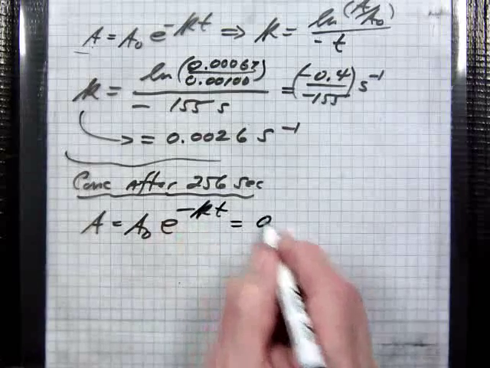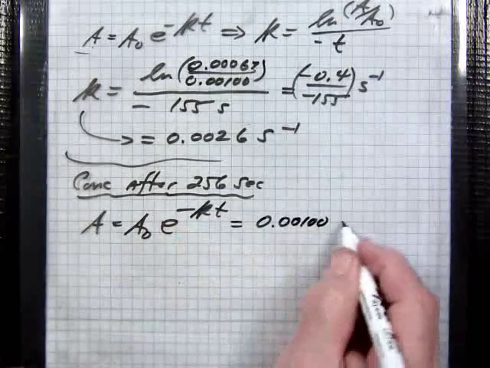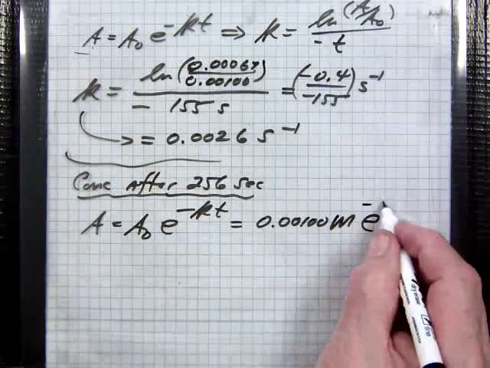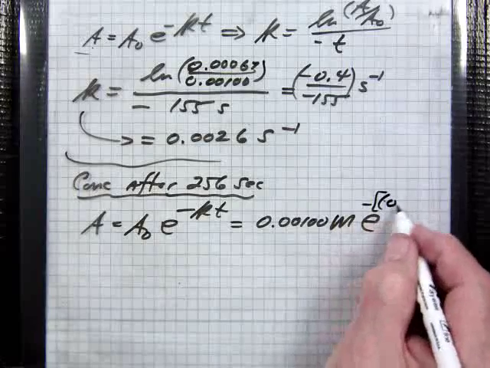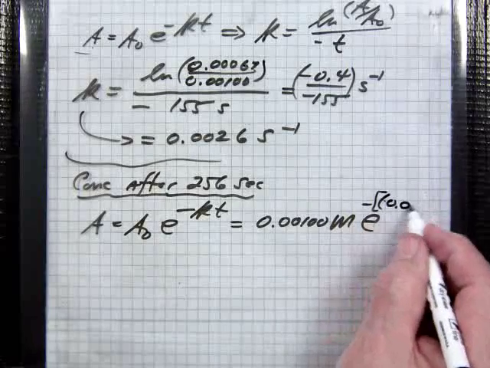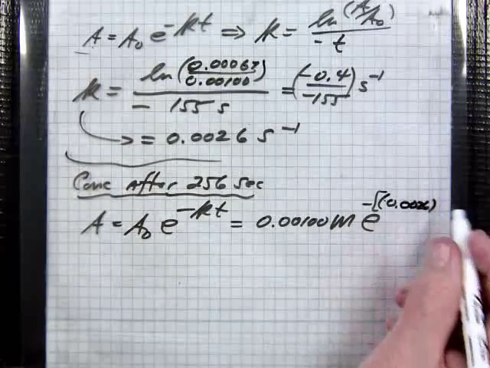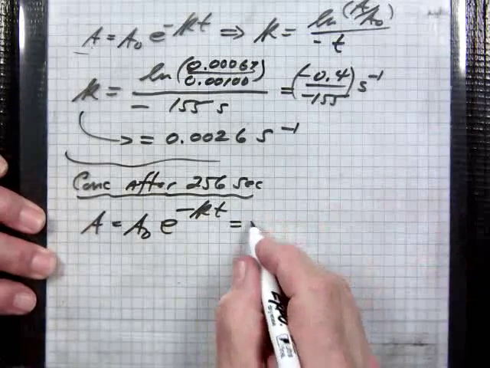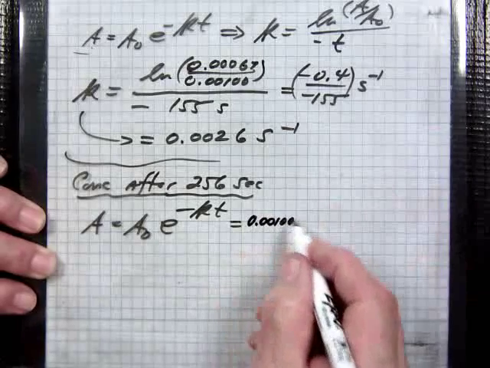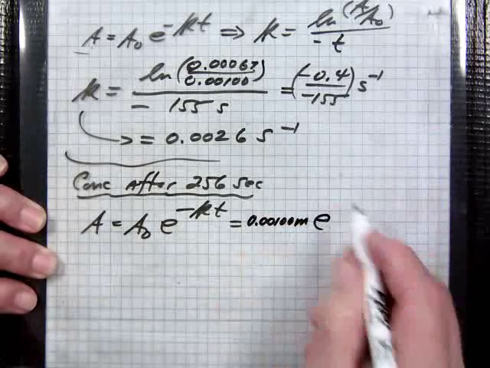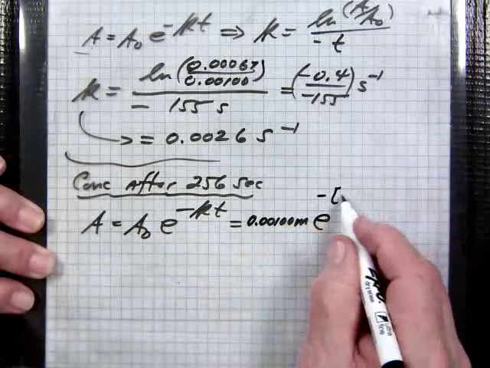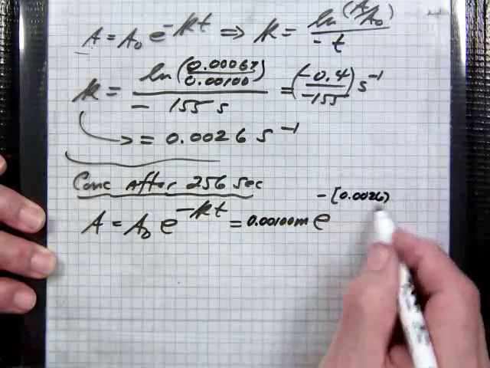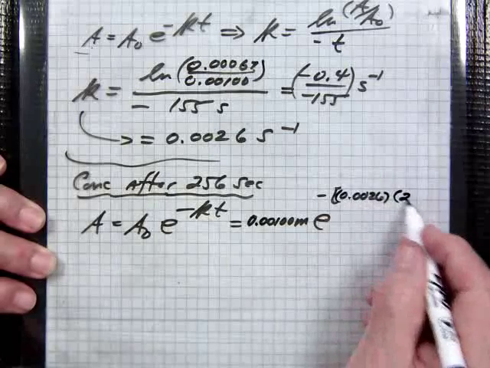A naught, 0.00100 molar, e to the minus k, which is 0.0026 times 256 seconds.